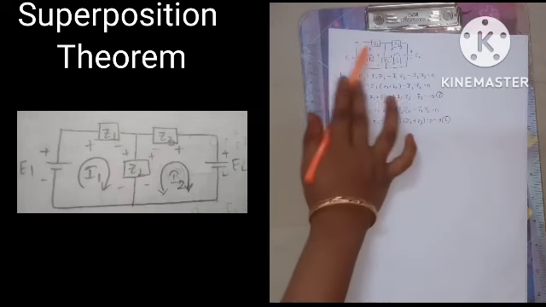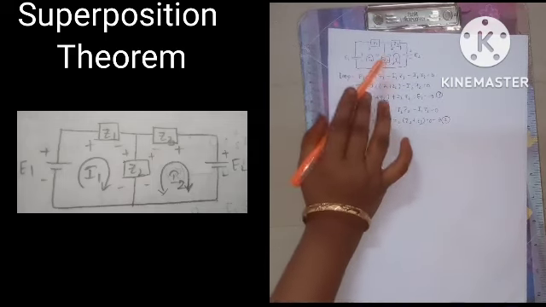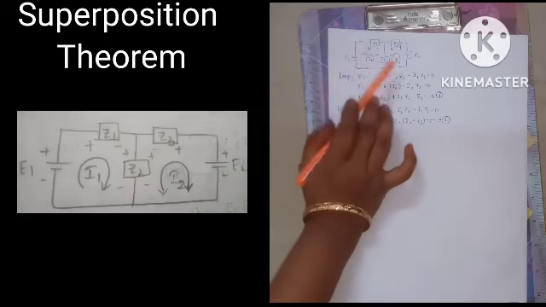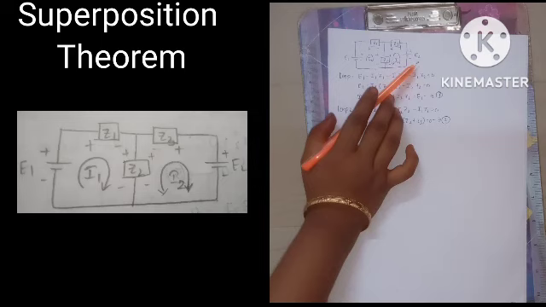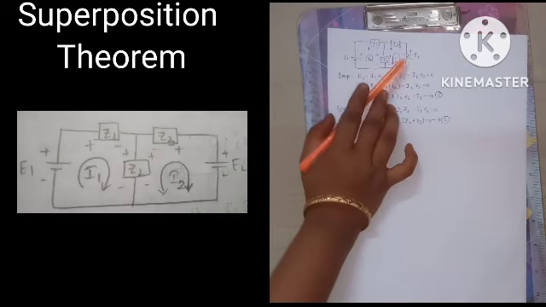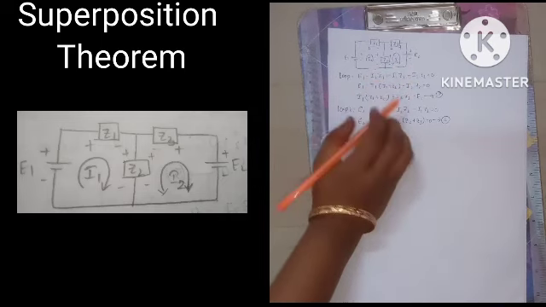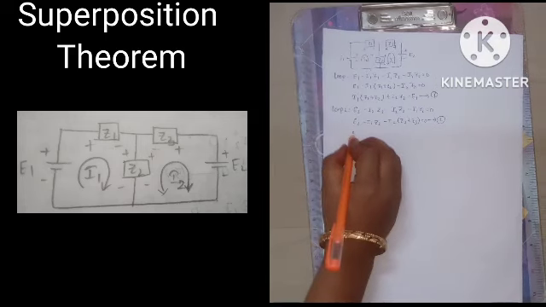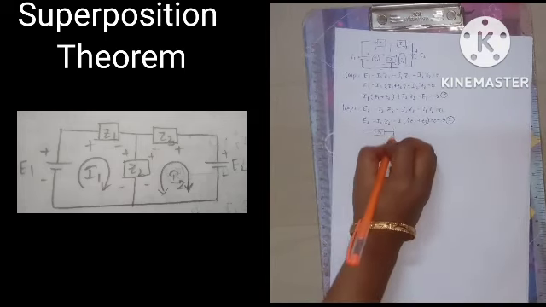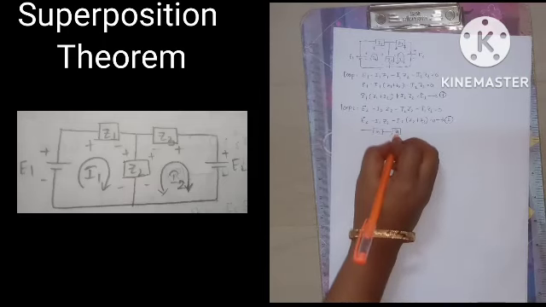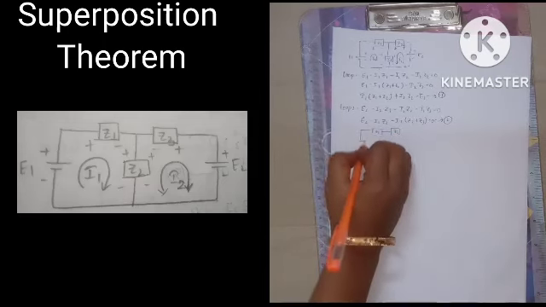Now consider the above circuit with only one voltage source, that is E1, and remove the voltage source E2, hence it becomes a short circuit. When we remove the second voltage source, we get this circuit.